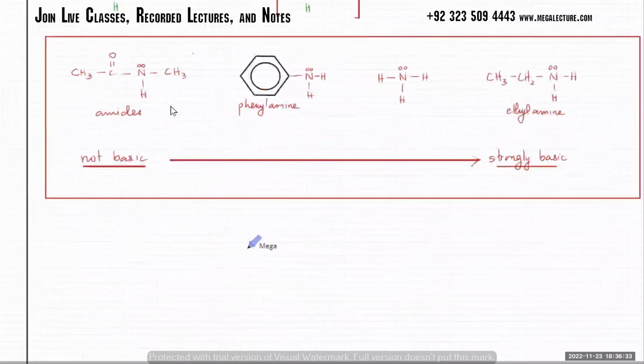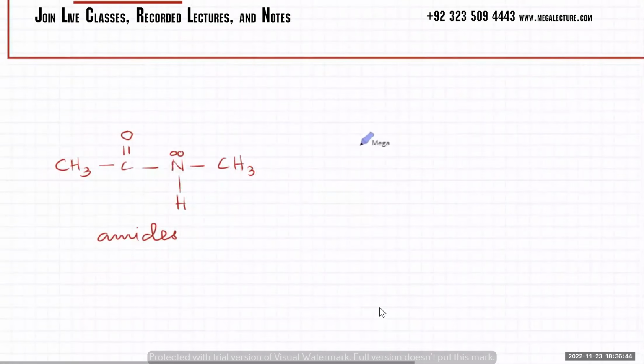अच्छा, सारों की रीजन लिख लेते हैं, स्टार्टिंग विद द फर्स्ट वन, ठीक है, वेरी क्विकली के, तो स्टार्टिंग विद द वेरी फर्स्ट वन, दिस वन. So this one is not basic.